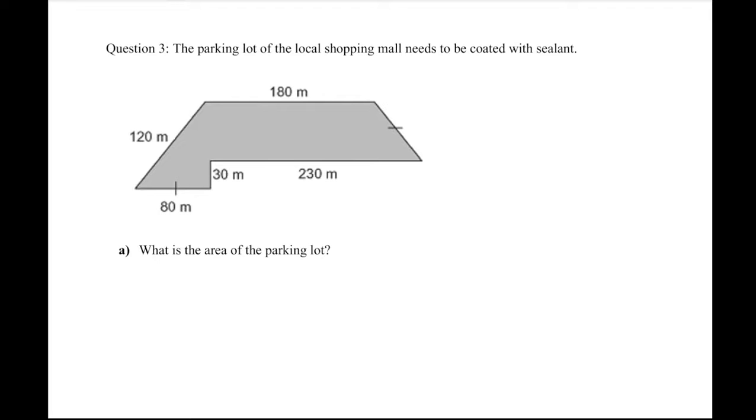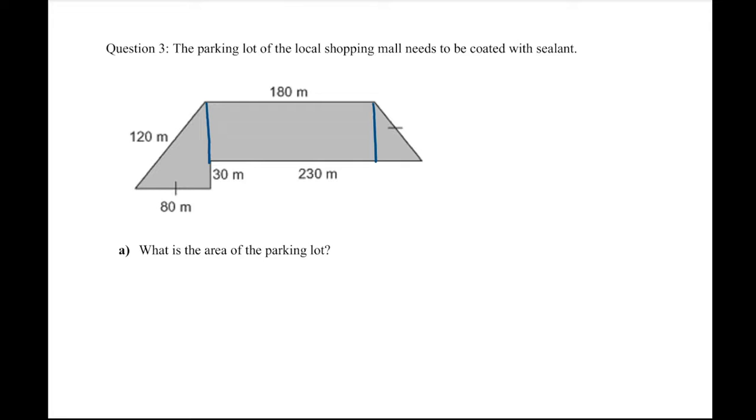So I could draw a line straight down to turn that into a large triangle. And I could draw another line here to turn this into another triangle and our large rectangle.